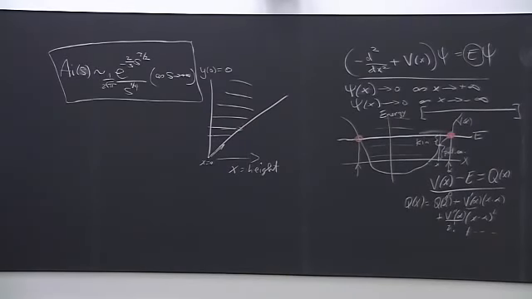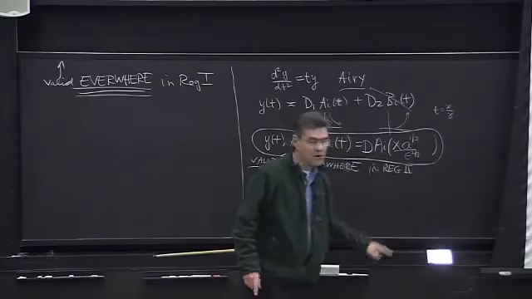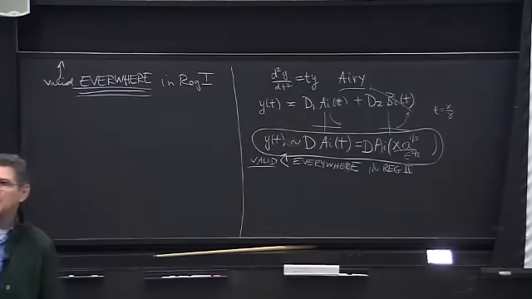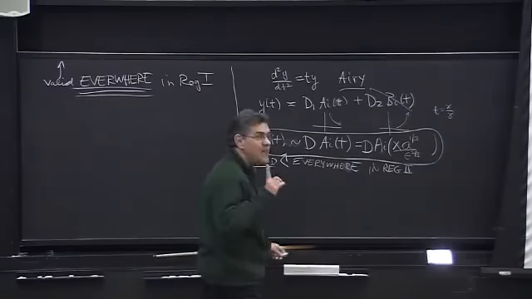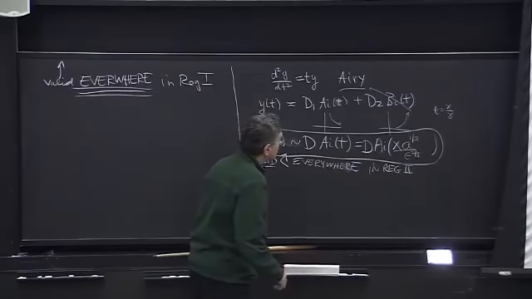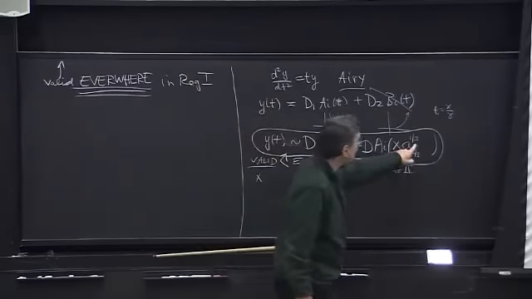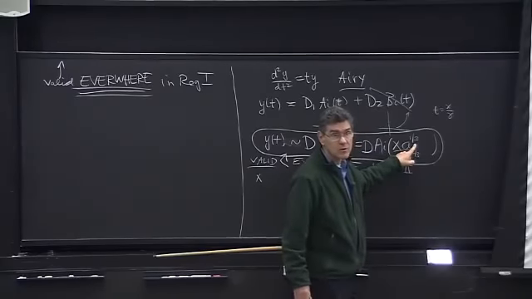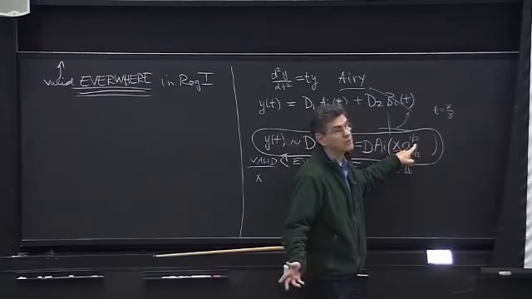When can I make the replacement that this Airy function is given by this asymptotic approximation? I can make that assumption if a is a constant, just a fixed number like 21 or something.